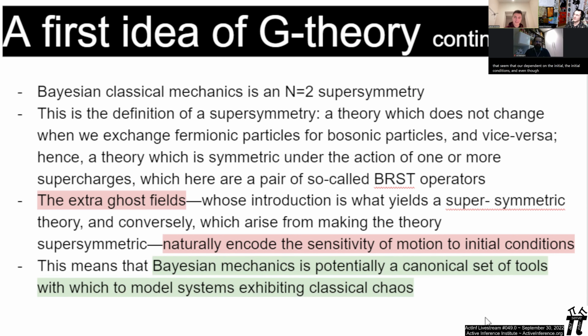And even though this was so far purely described in the context of non-biological entities, I think it's really exciting to see the potential applications in applied active inference, where your initial belief states do influence your trajectory through the high dimensional state space.